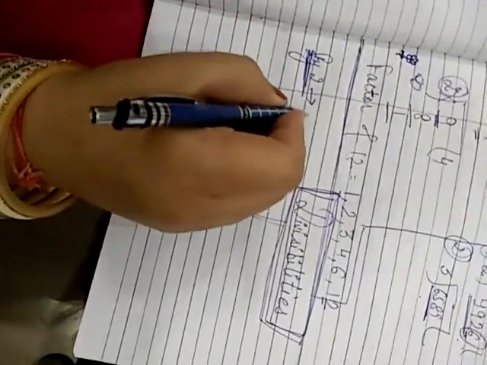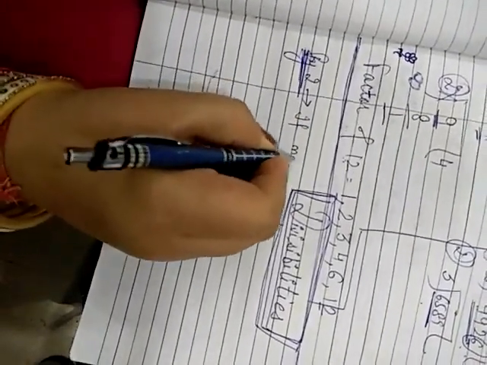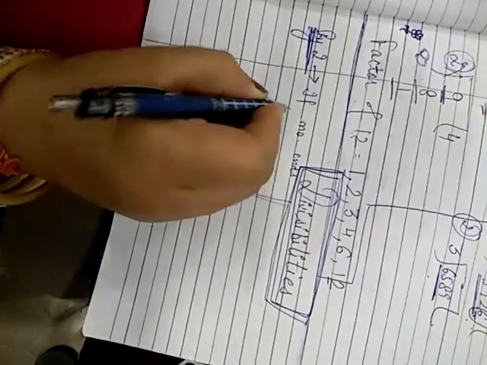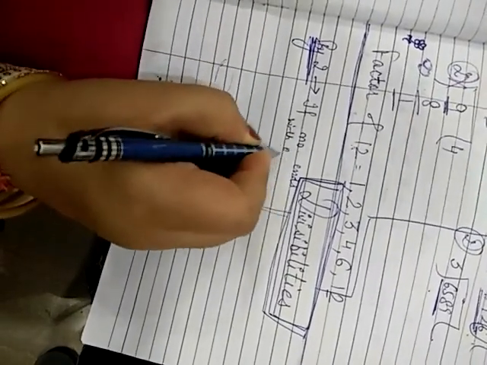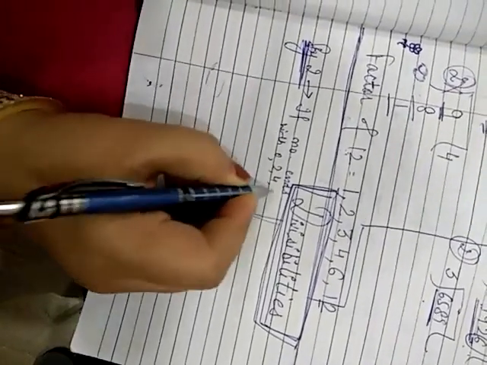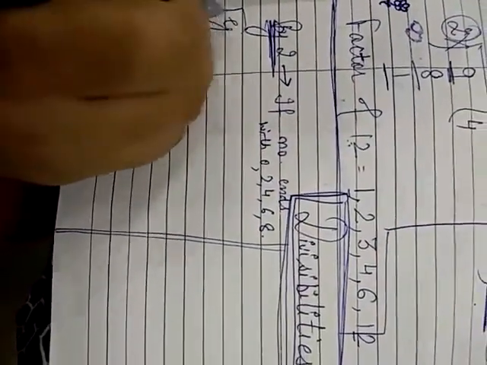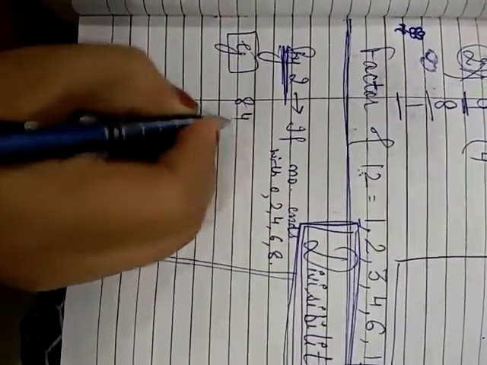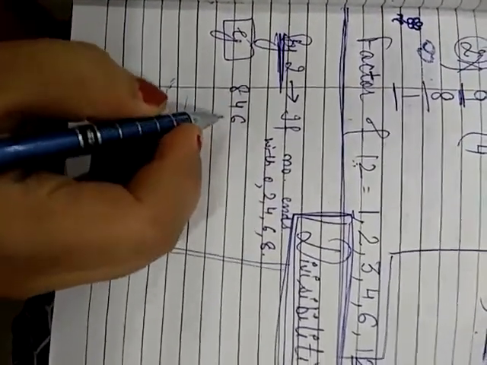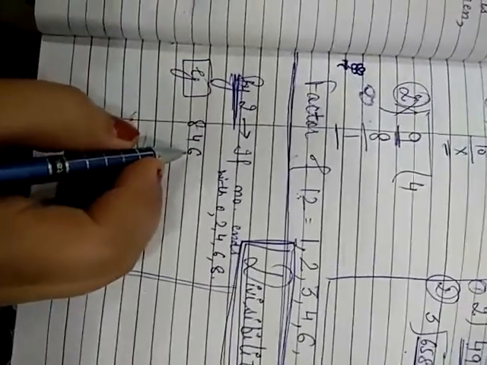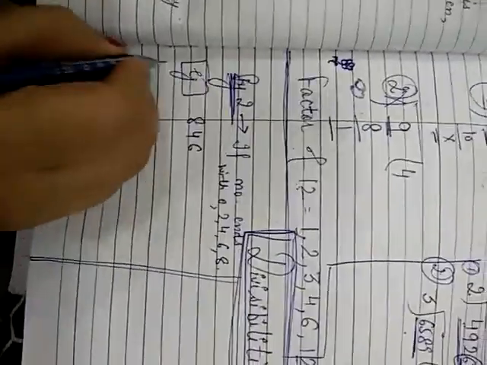So what is the divisibility of 2? If a number ends with 0, 2, 4, 6, 8, then the number is divisible by 2. Example, 846, yes, it is divisible by 2 because it ends with 6.